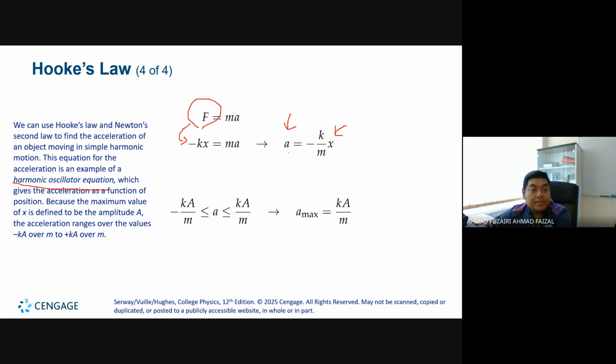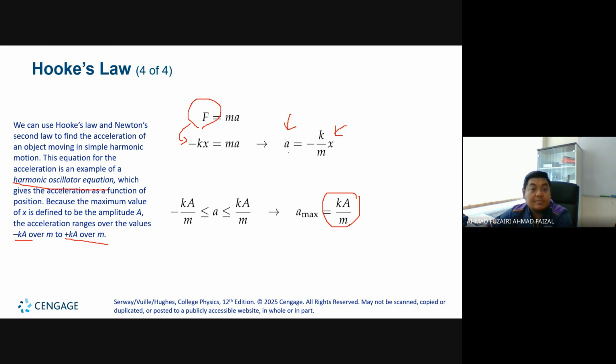Remember, because the maximum value of x is defined as the amplitude, the acceleration ranges over the values of negative kA over m to positive kA over m. So we can have both negative kA over m and positive kA over m. The maximum value is given by just taking the value without the negative, which is kA over m.